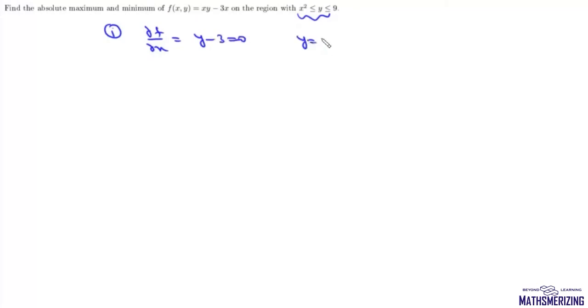So we'll get y equals 3, and then del f upon del y, which is x, is 0. So we'll get x as 0. So one of the critical points will be (0, 3). And then we'll find the value of this function at (0, 3). This value will be simply 0.